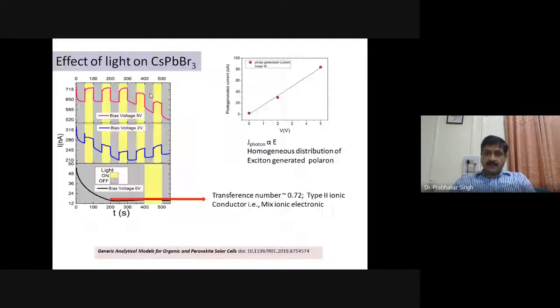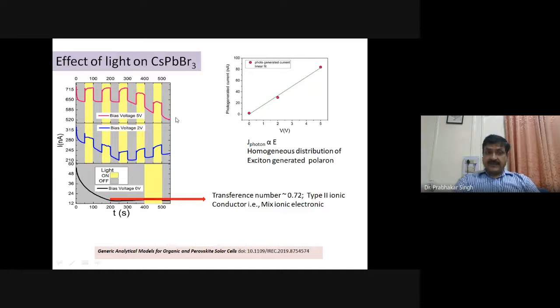For the effect of light, we applied light pulses. You can see the yellow region, which is the light pulses, and then we increased the bias voltage to 5 volt and 2 volt, and we found that it follows a homogeneous distribution of the excitons which are generated, in the form of polarons in the system.